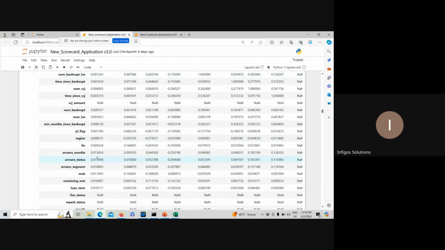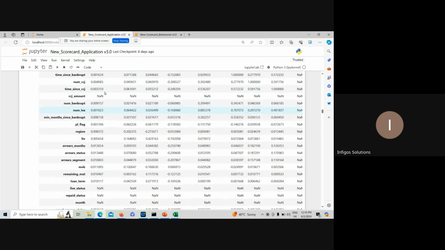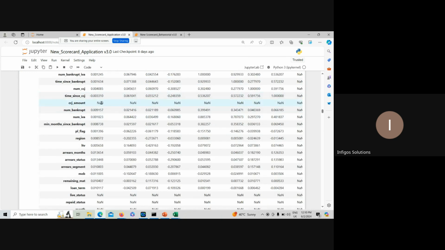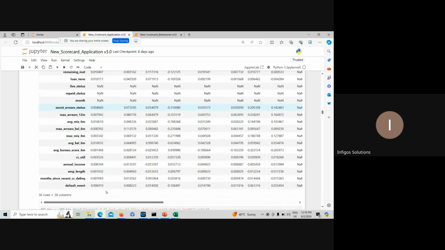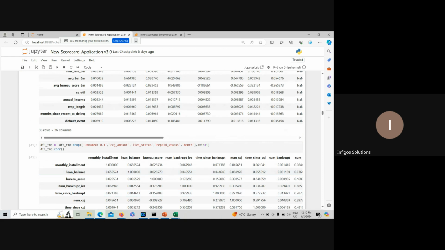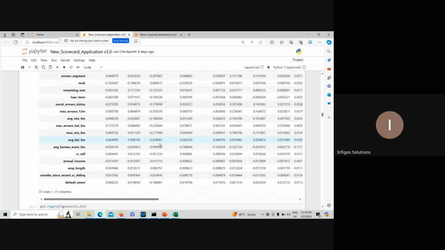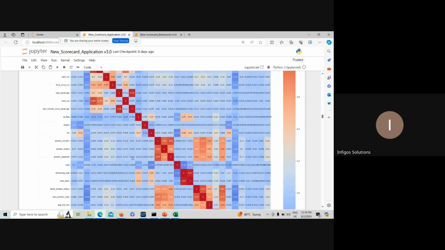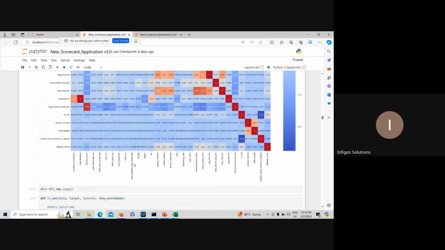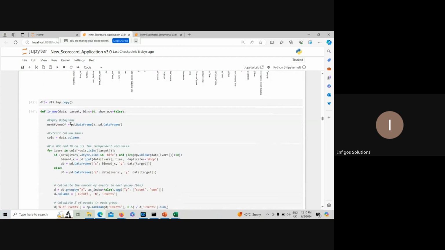Correlation analysis. In the correlation analysis, you see which variables need to be dropped. Like you are going to drop this one, you drop these two. And then after dropping these variables, you will see the correlation heat map. This is coming properly. And then you do the WOE analysis on the model.